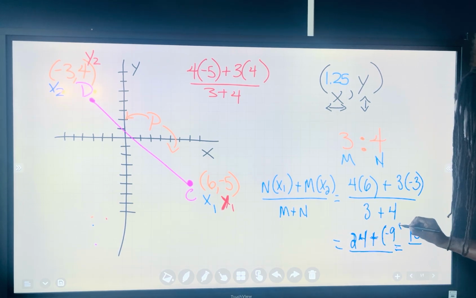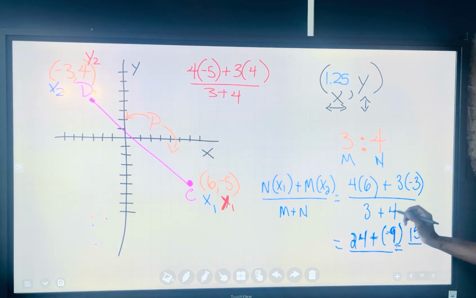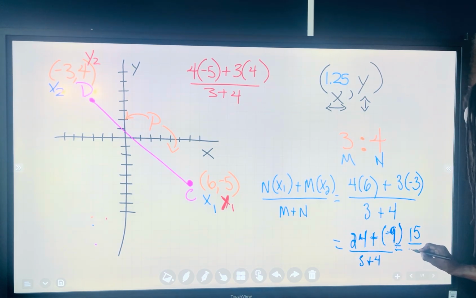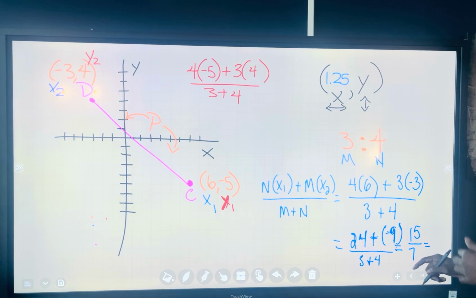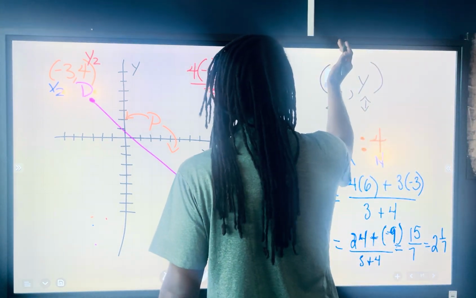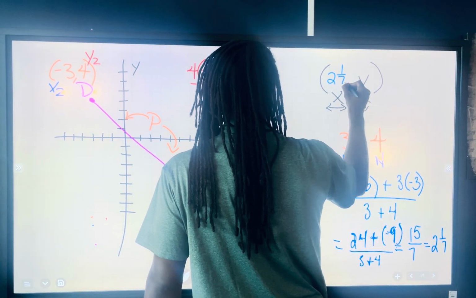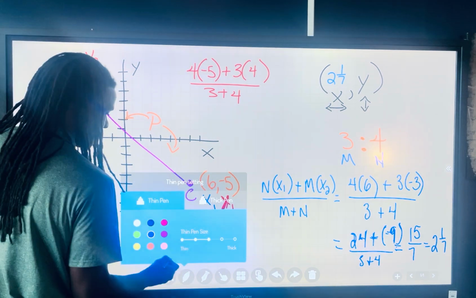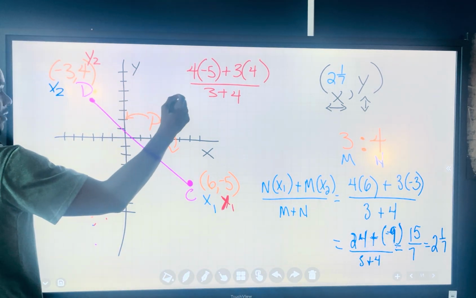I was rushing and accidentally put 19 or 12, whatever I was supposed to put. This really should have been 7, making this 7 over 15, which is wild because that just becomes 2 and 1/7. So instead of it being 1.2, you can keep it in fraction format, 2 and 1/7.